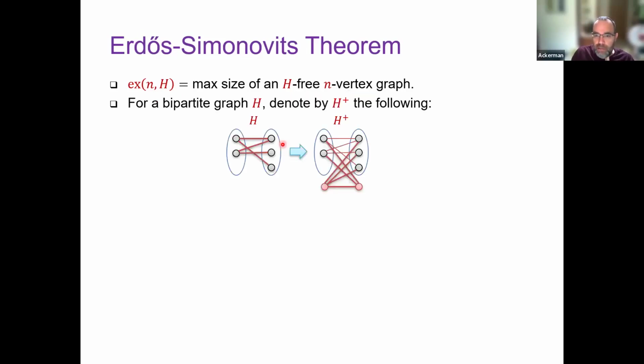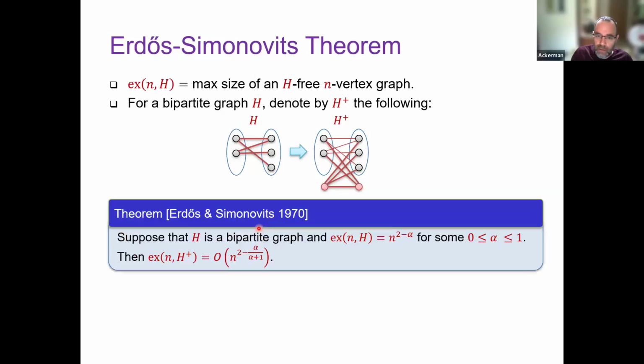And the other one: suppose you have a bipartite graph H. By H plus, I denote the following graph. We add to H two vertices, one to each side of H, and connect them to all the vertices on the other side. So H plus is also bipartite.